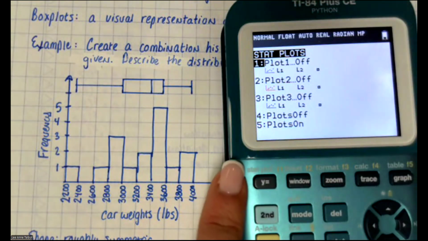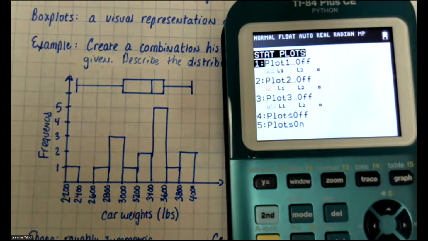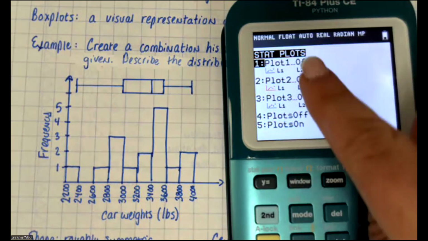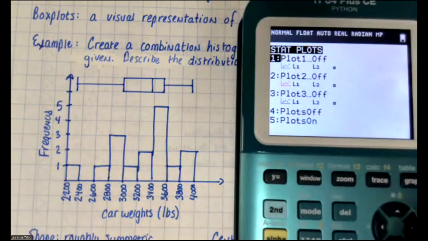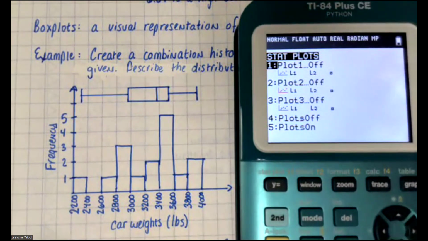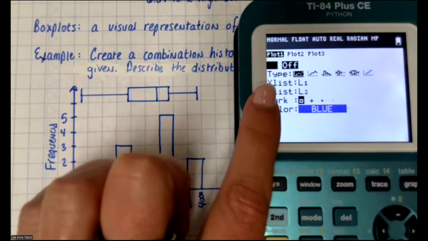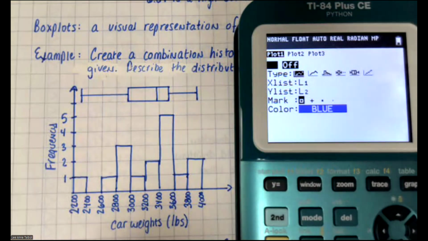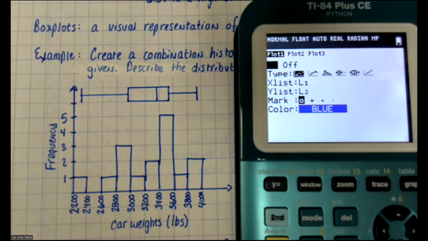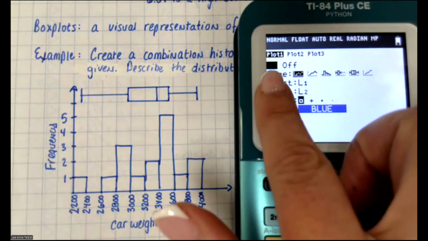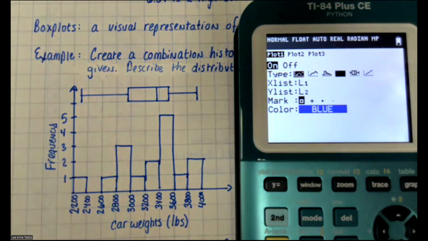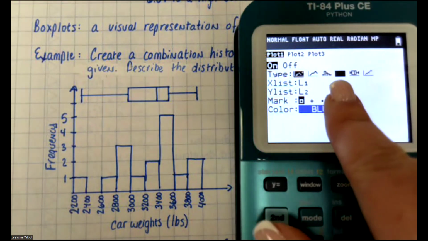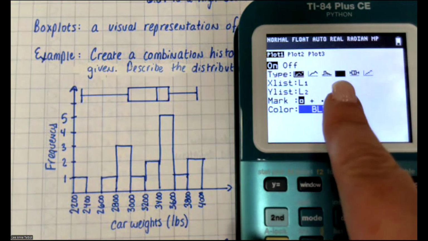Second y equals, if you notice above it says stat plot, and look at all of the options that give you all different types of plots for stats, and hit enter on the first one. I'm going to turn it on, so hit enter on top of on, and then I'm going to scroll over to the box plot, which is the first one, which has the dots.